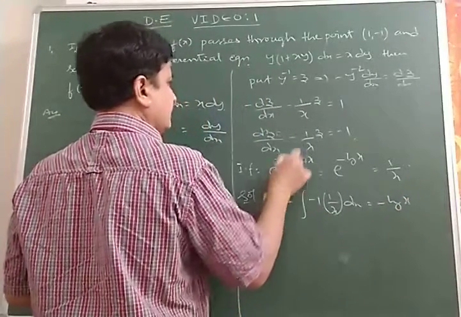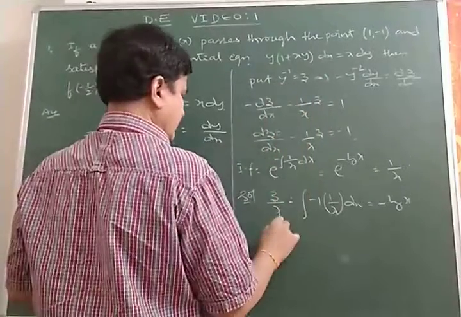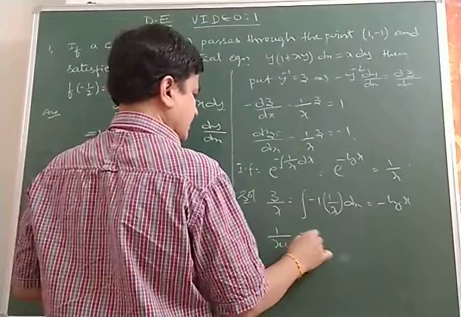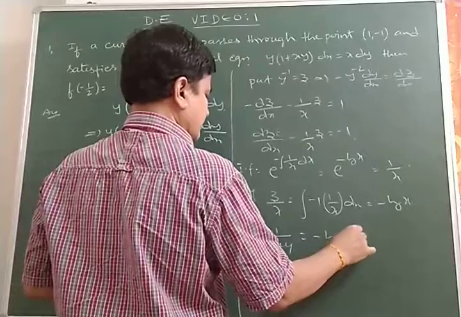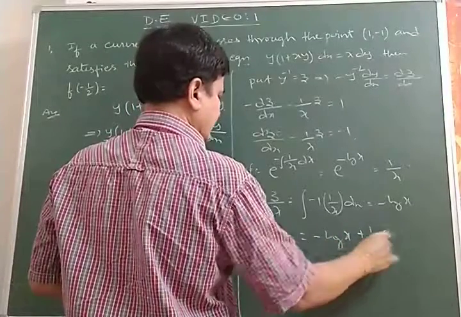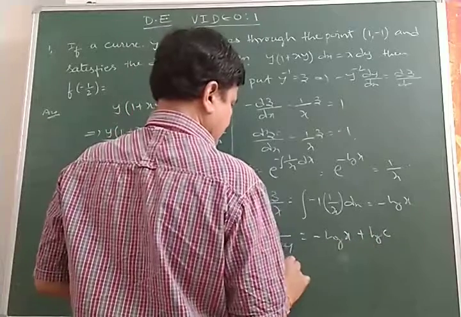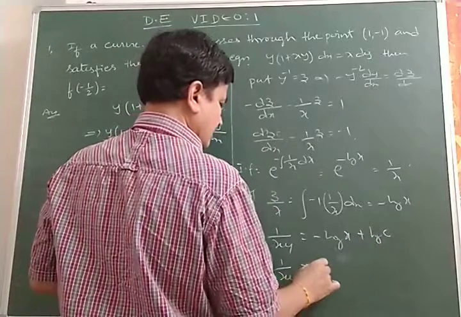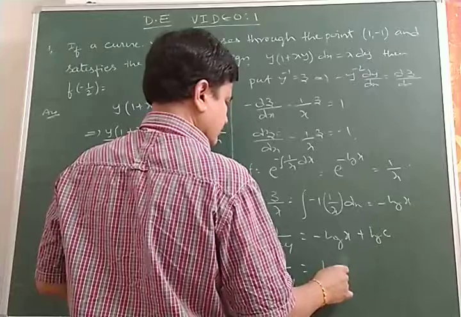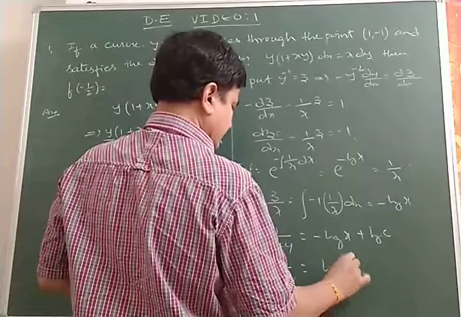Now z means 1 by y. So 1 by xy is equal to minus log x plus log c. Now this is 1 by xy is equal to log of c by x.